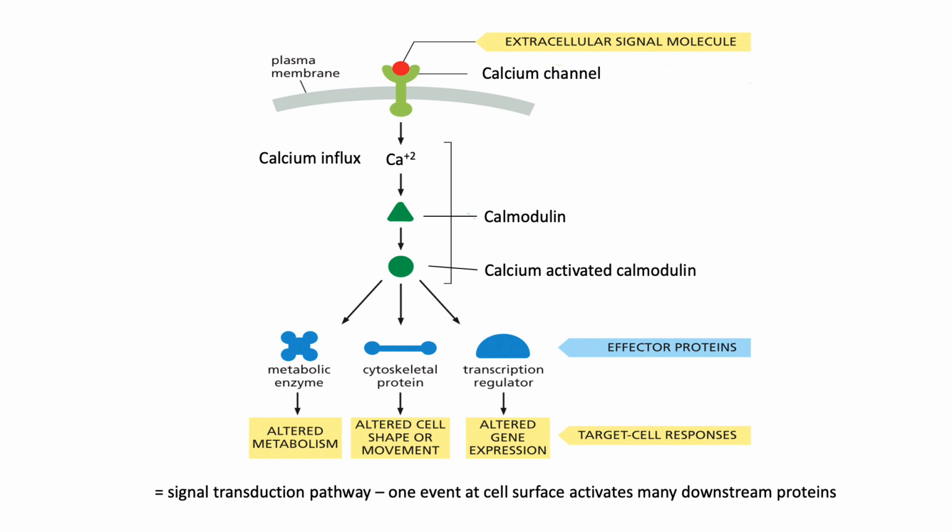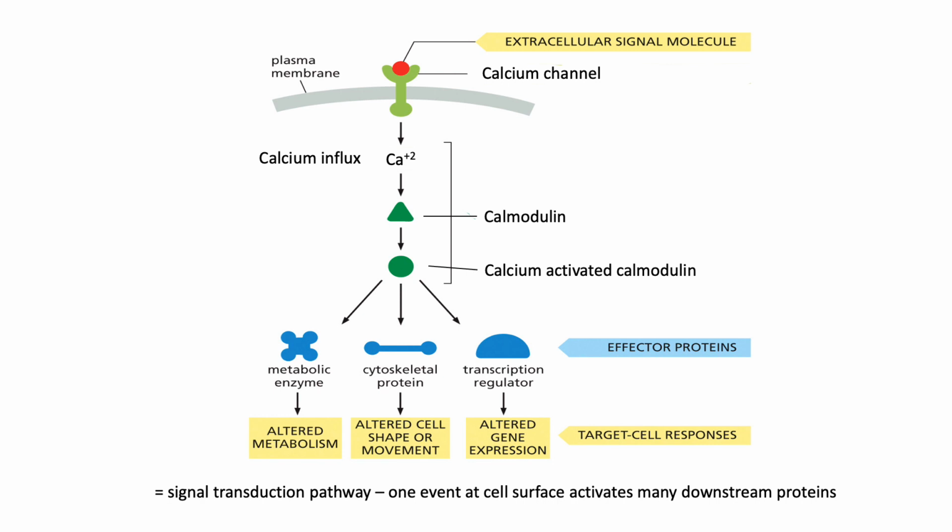Millions of calcium ions per second. Calcium binds to the calmodulin. The calmodulin becomes activated through allosteric conformational changes, and then can bind to and affect the activity of hundreds of different proteins in the cell.